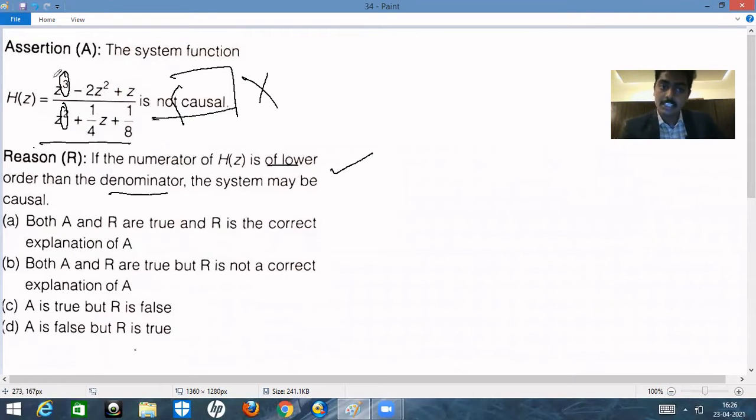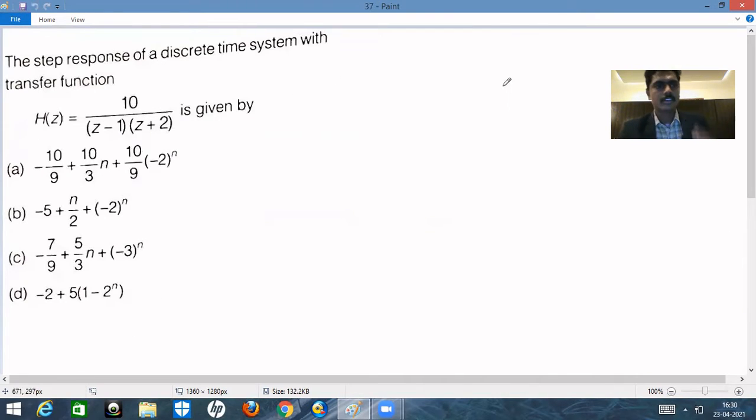Okay, they have given that the system is not causal, so this statement is right, and the reason is also correct. So both assertion and reason are true and R is the correct explanation of this.